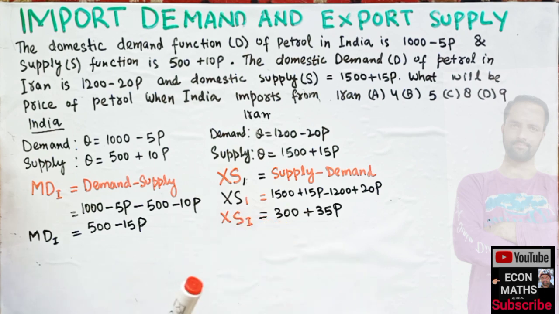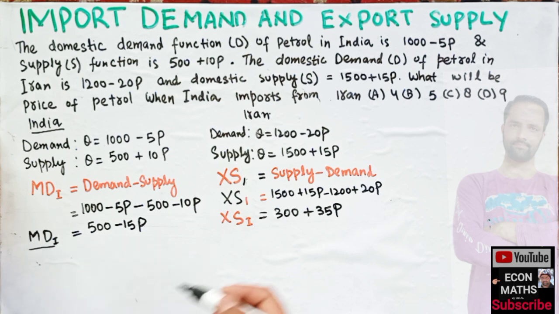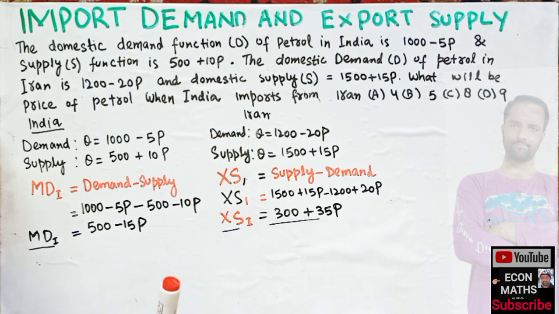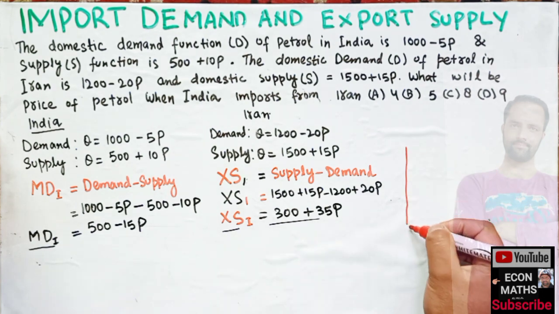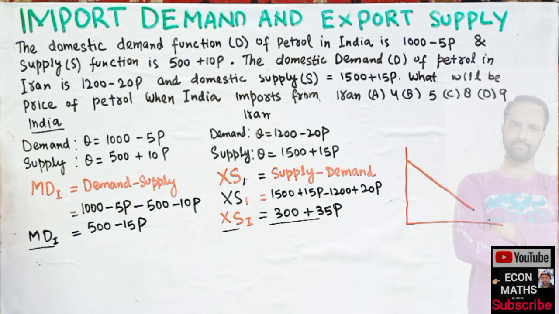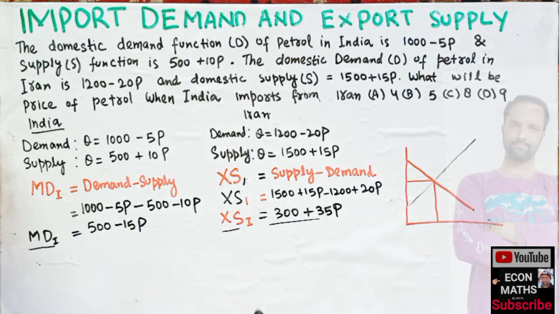Now, equilibrium will occur when the import demand schedule of India intersects the export supply schedule of Iran. If this is the import demand schedule of India and this is the export supply schedule of Iran, equilibrium will occur at the intersection of these two functions.